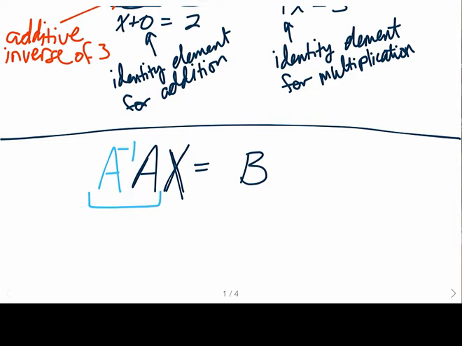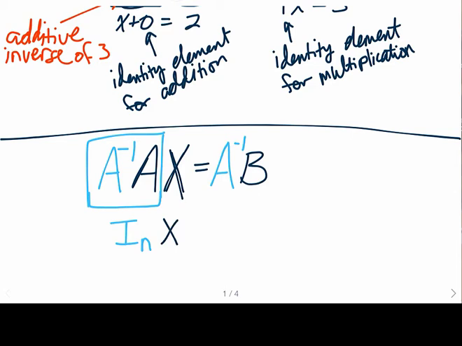Because matrix multiplication is not commutative, if I multiply the left-hand side by A inverse on the left, then I have to multiply the right-hand side by A inverse again on the left. A inverse times A is going to give me the identity matrix.